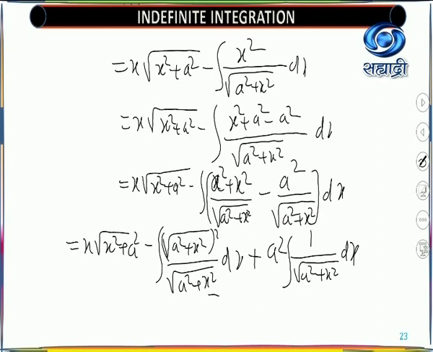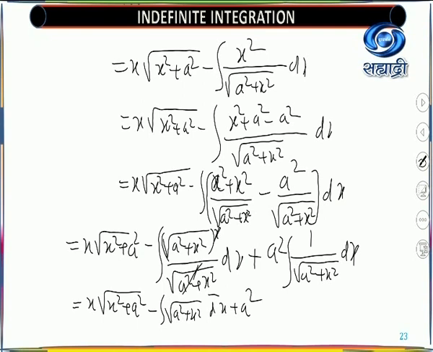Now I know the formula for this, and here one root will get cancelled. So I am left with x root of x square plus a square, then minus the integral, because one root is cancelled, so the denominator is cancelled. You are left with the numerator, that is root of a square plus x square dx, plus a square.